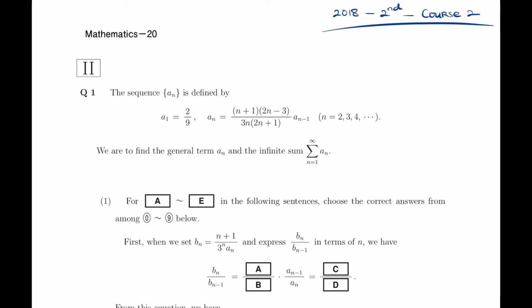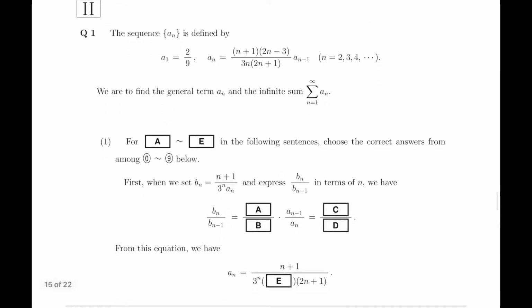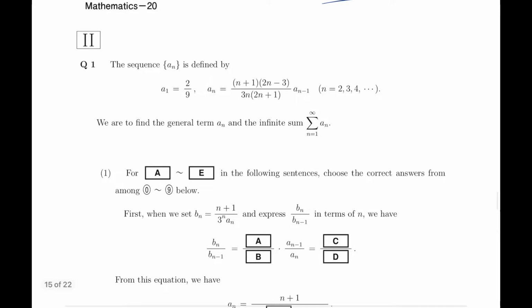Okay, let's start. The sequence an is defined by a1 equals 2 over 9, and an equals (n plus 1)(2n minus 3) over 3n(2n plus 1) times a(n minus 1), where n equals 2, 3, 4, and so on.